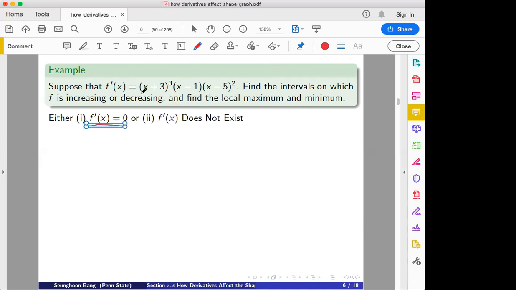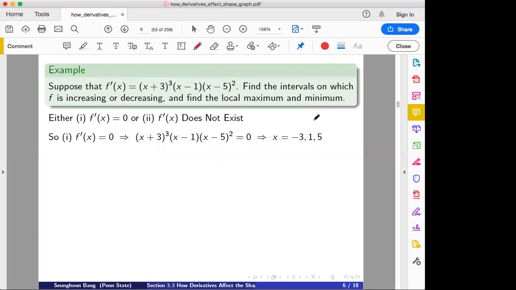This whole thing equals 0, so (x plus 3) cubed times (x minus 1) times (x minus 5) squared equals 0. If x plus 3 equals 0, x equals negative 3. If x minus 1 equals 0, x is 1. If x minus 5 squared equals 0, x is 5.